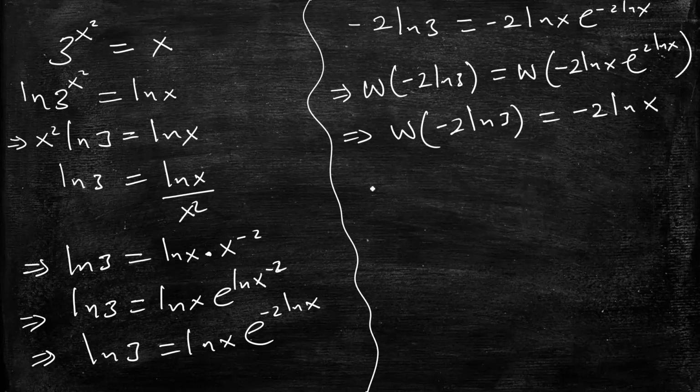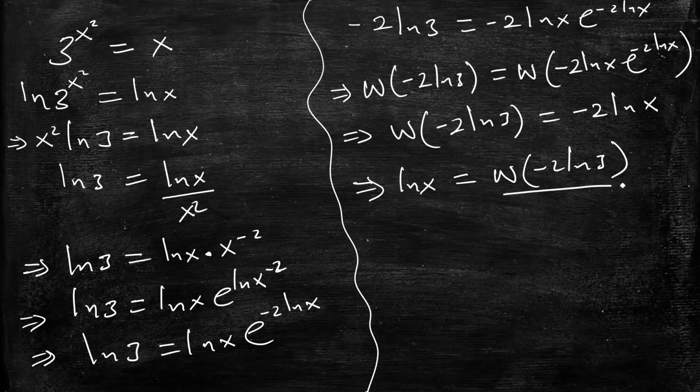Let's focus on the right-hand side since we have to solve for x. So let's remove the minus 2. I'll divide both sides by negative 2, which leaves us with ln of x equals the Lambert W of that over minus 2.